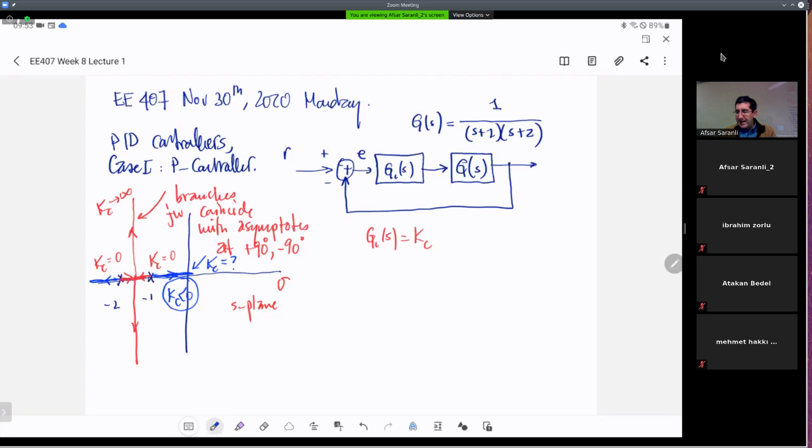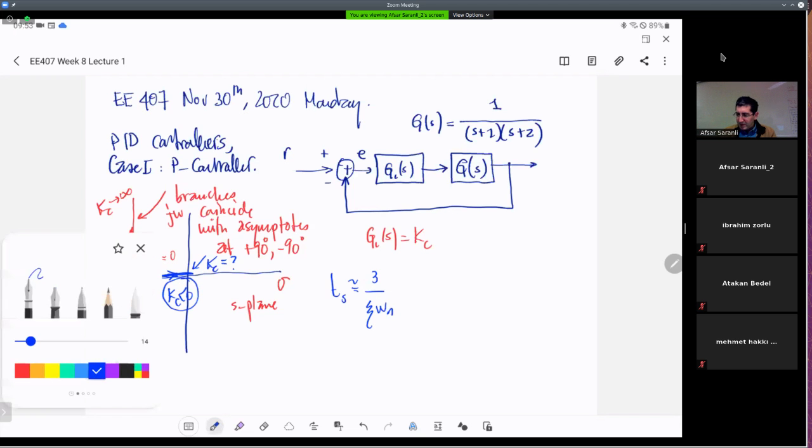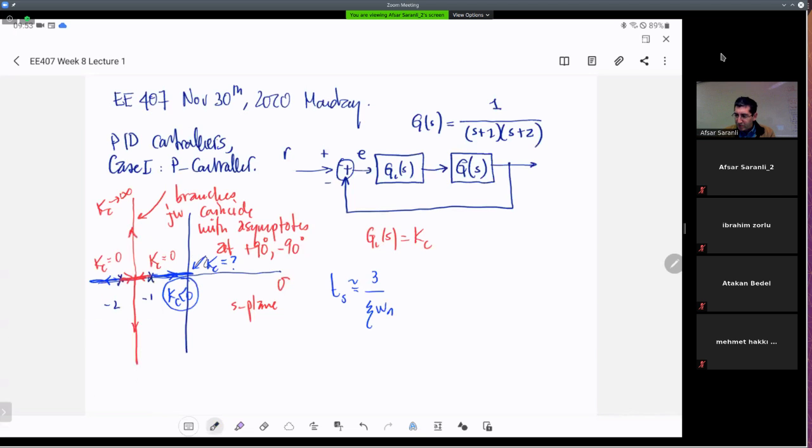Then the system had a settling time approximately equal to 3 over zeta omega n. For any pair of complex conjugate poles at a particular KC value, the projection to the real axis was zeta omega n with a minus sign.